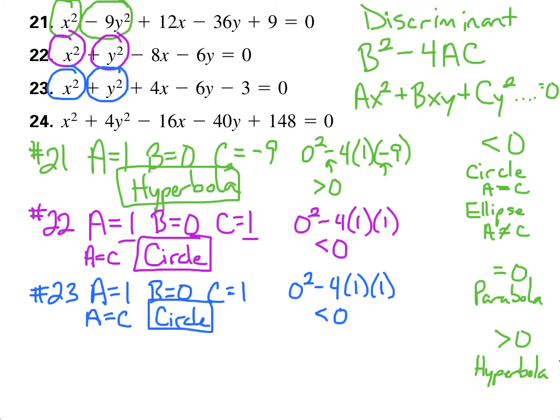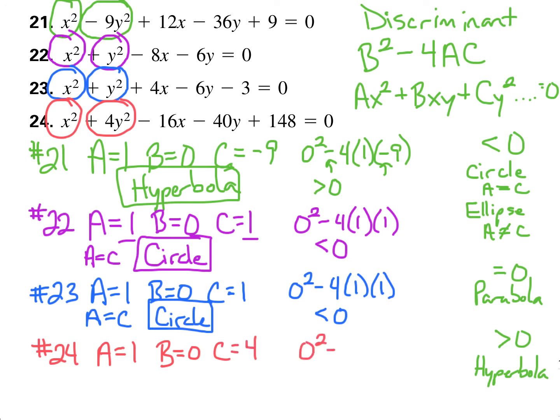And last but not least, we have number 24. A is equal to 1. B is equal to 0. And C is equal to 4.